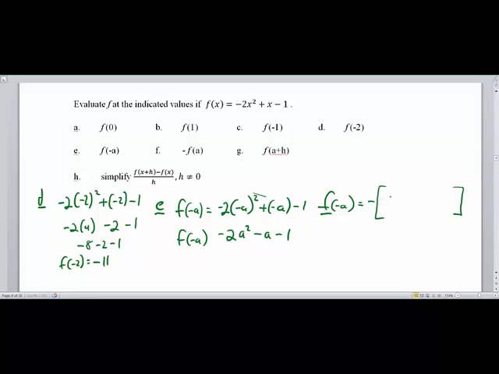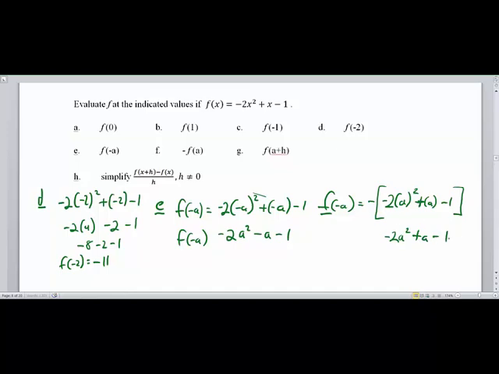So this is -2 times a, quantity squared, plus a, again using parentheses to show my substitution, minus 1. So processing the inside of the parentheses first, a squared is just a squared. This is negative 2a squared plus a minus 1.